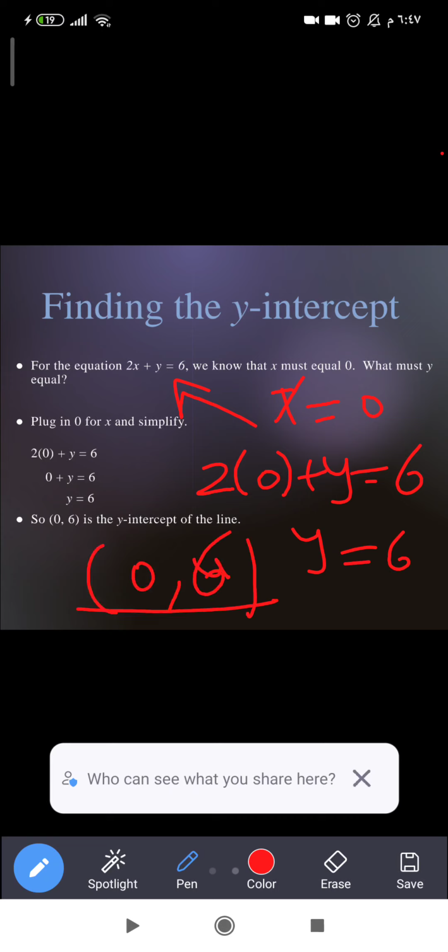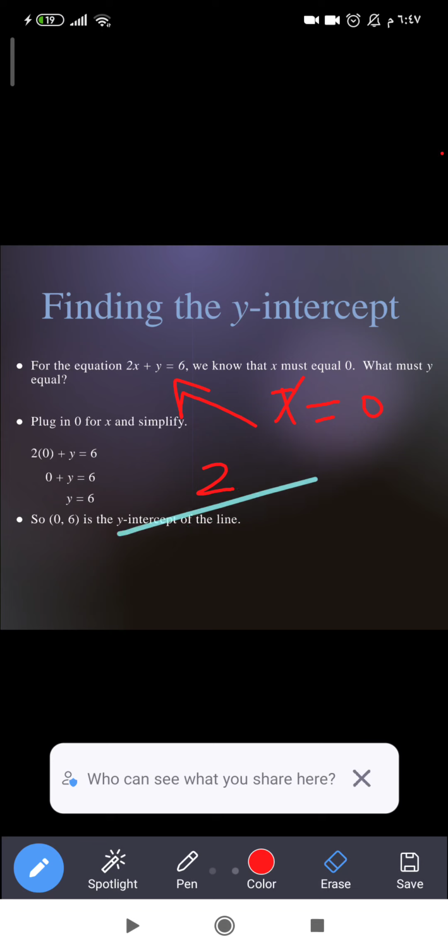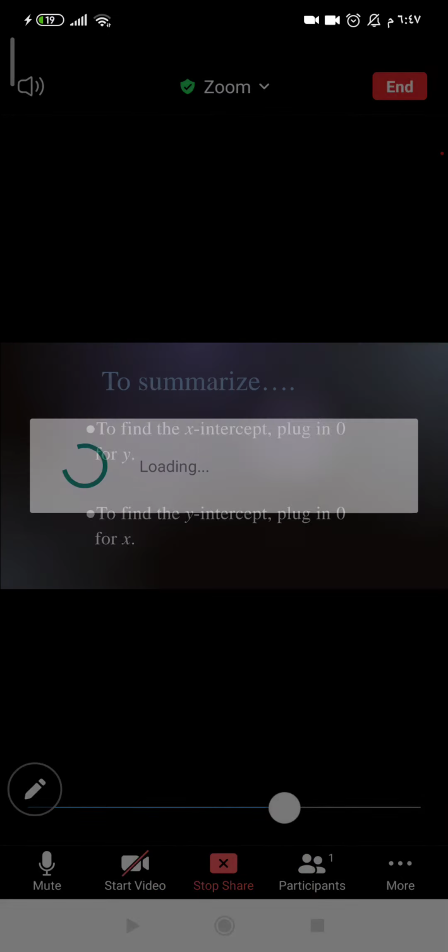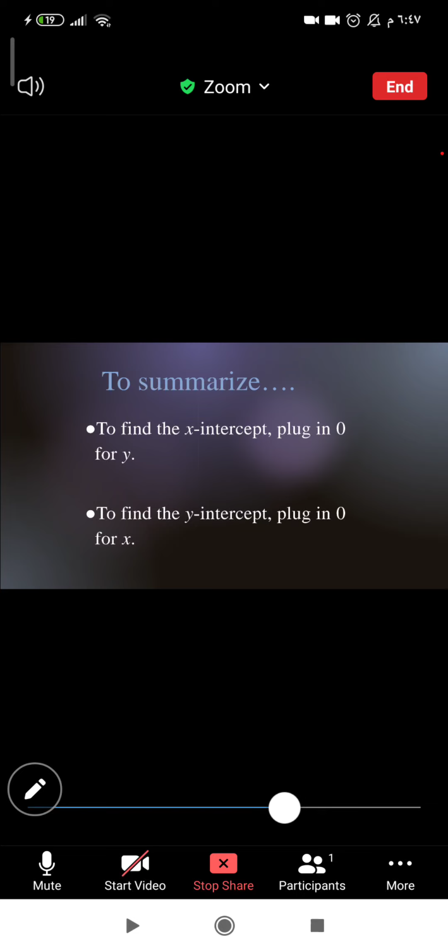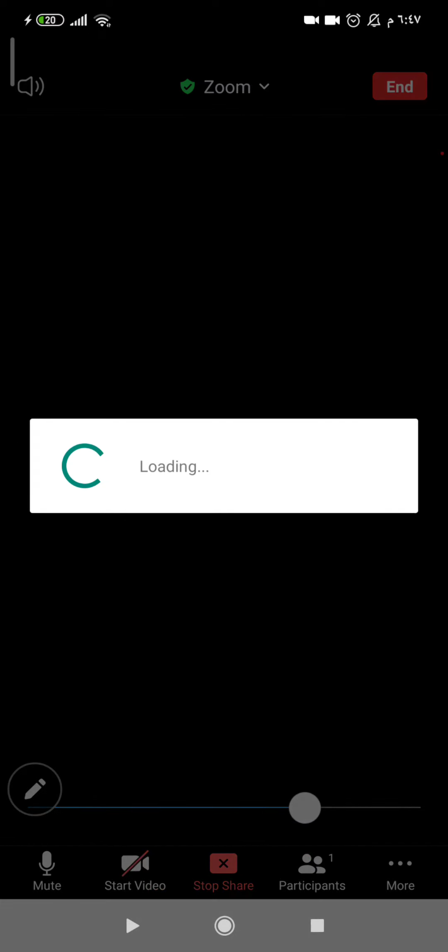This point is called the y-intercept of the line. To summarize, to find the x-intercept, plug in 0 for y. To find the y-intercept, plug in 0 for x.